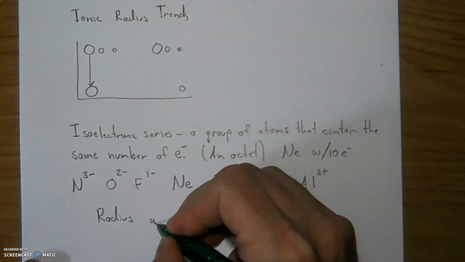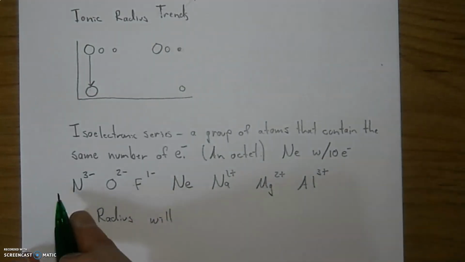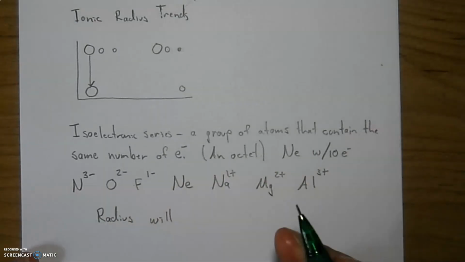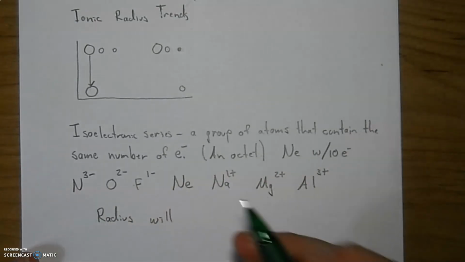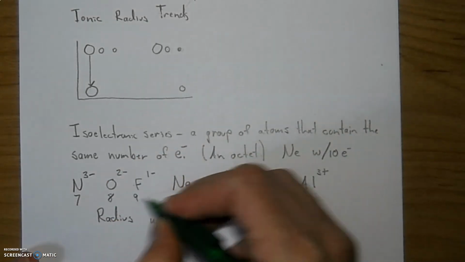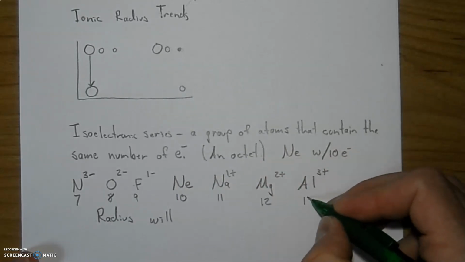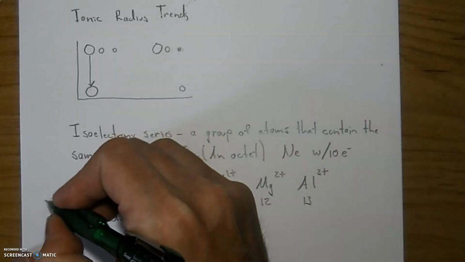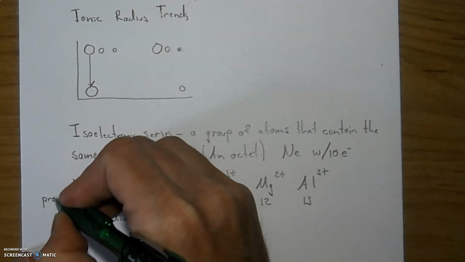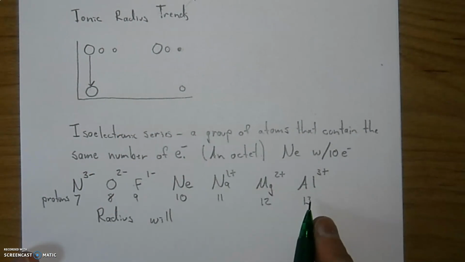As far as the radius, what's going on with the radius with these? Will the radius increase or decrease going across? What do you think? How many protons does nitrogen have? 7, 8, 9, 10, 11, 12, 13. And again, these are protons. So as you're moving from here to here, you're adding more protons on the same shell.